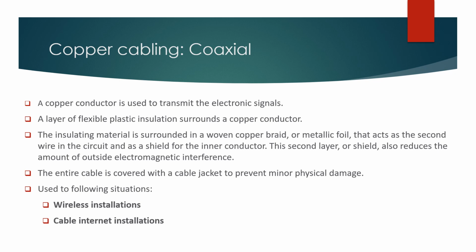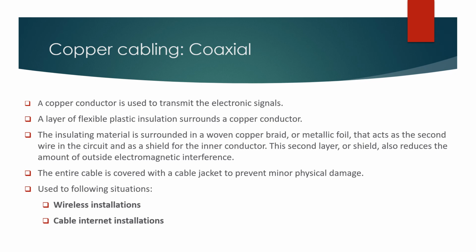A layer of flexible plastic insulation surrounds the copper conductor, and the insulating material is surrounded by a woven copper braid or metallic foil that acts as the second wire in the circuit and as a shield for the inner conductor. This second layer or shield also reduces the amount of outside electromagnetic interference. The entire cable is covered with a cable jacket to prevent minor physical damage.